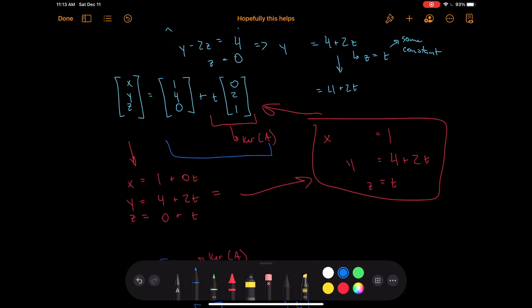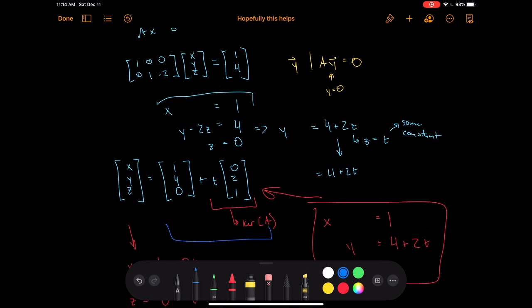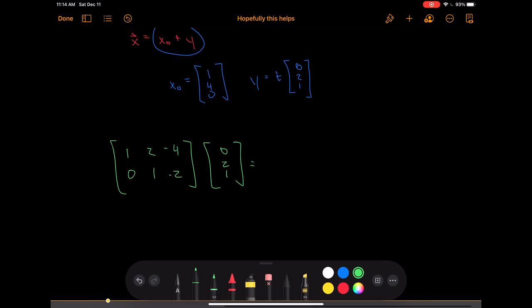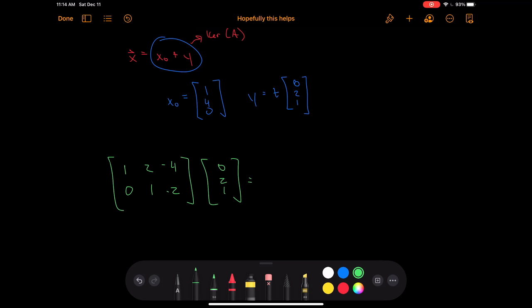So what we end up getting is a particular solution x naught, plus our kernel, which can be any number, because we said t is any constant, and it will make the solution true. And to show that the kernel y multiplied by the matrix A is equal to 0, we're just going to simply multiply A and the kernel.